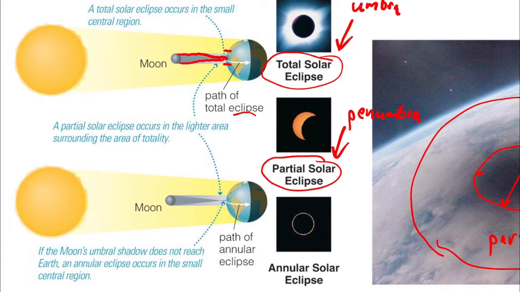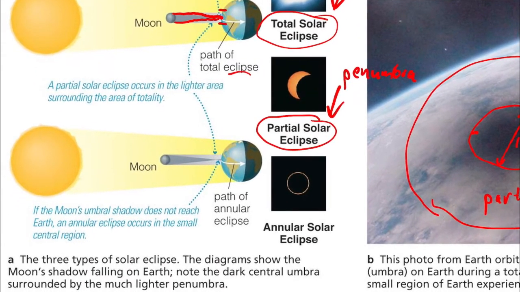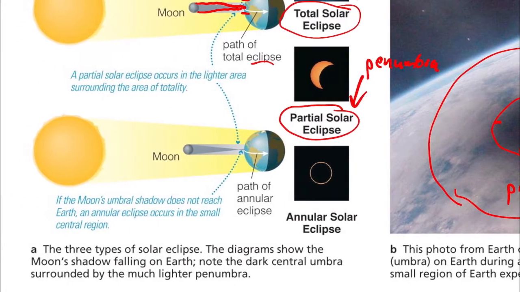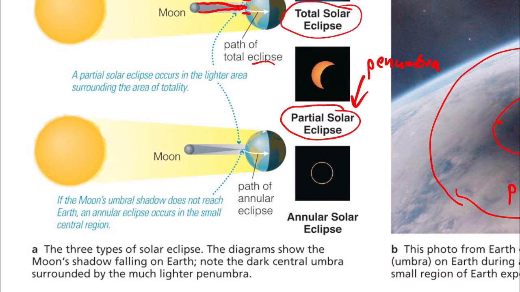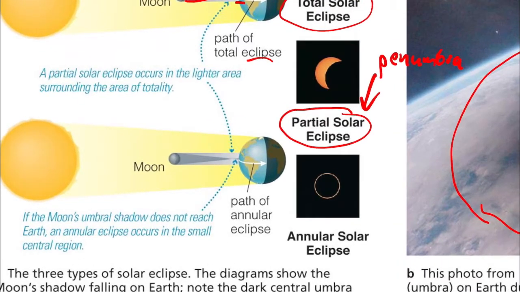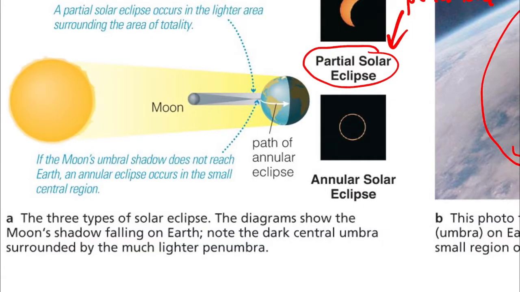Then there's one even rarer type of solar eclipse, and that occurs when the moon is furthest away from Earth. Because remember, there's variation. There was its closest approach and its furthest approach. Well, when the moon is at its furthest distance from Earth, it turns out that sure enough, the umbra doesn't quite make it. The umbra instead finishes off somewhere in the upper atmosphere.